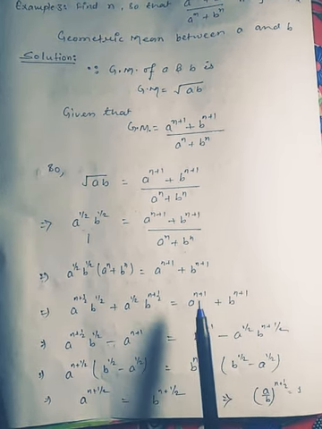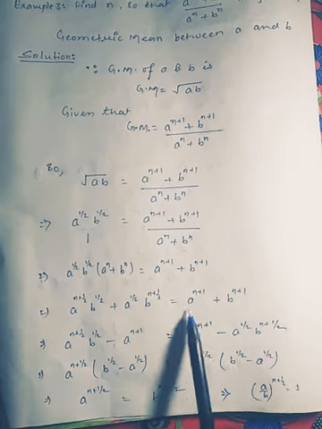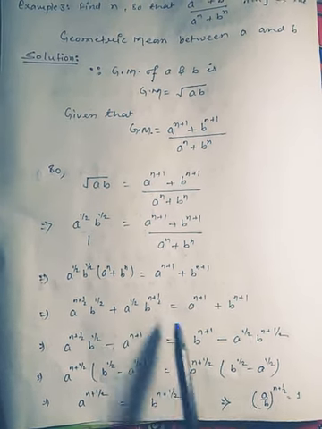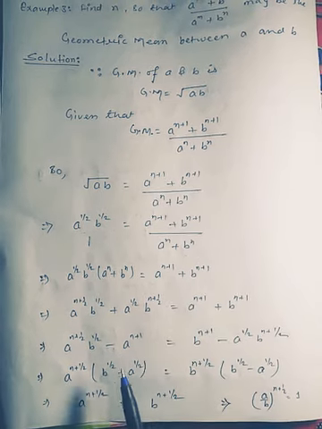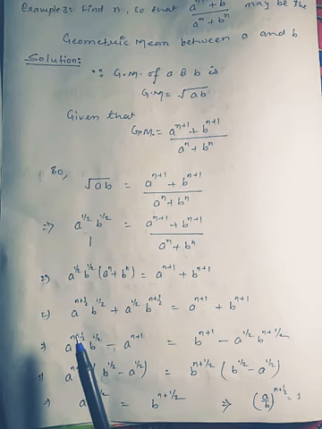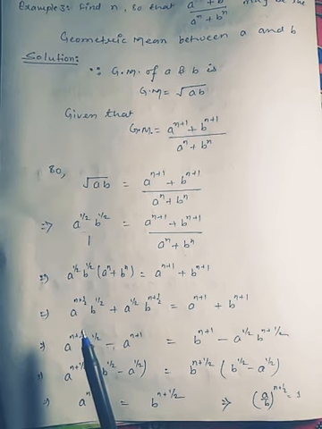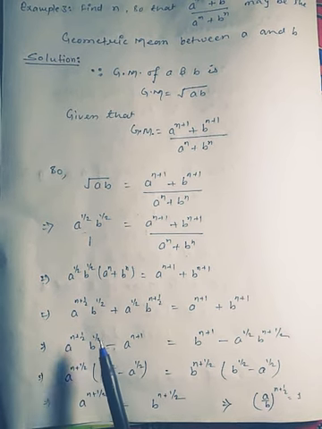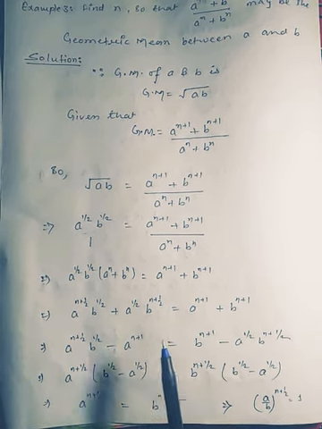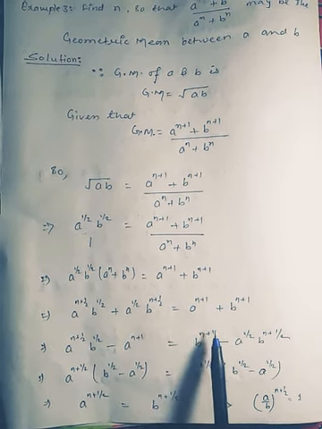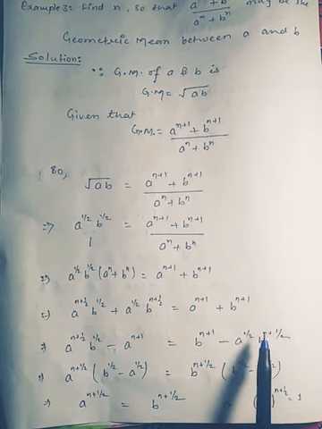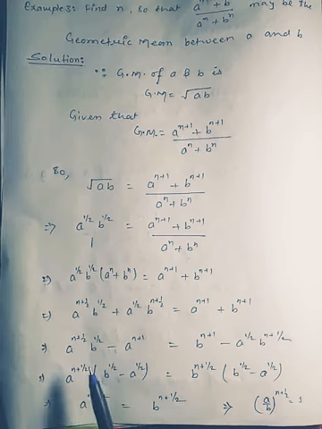Now this result shifts to the left side and this goes to the right side. We get a^(n+1/2) b^(1/2) minus a^(n+1) equals b^(n+1) minus a^(1/2) b^(n+1/2).